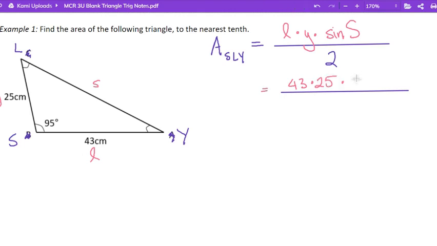All right, and then everyone's taking out their calculator. And what does the question say?